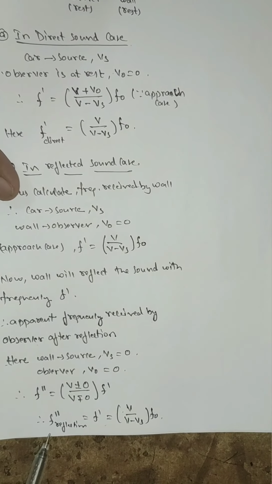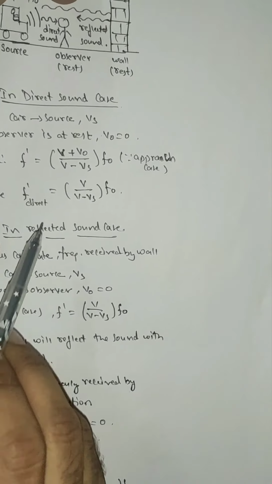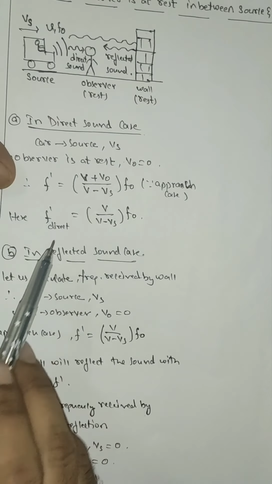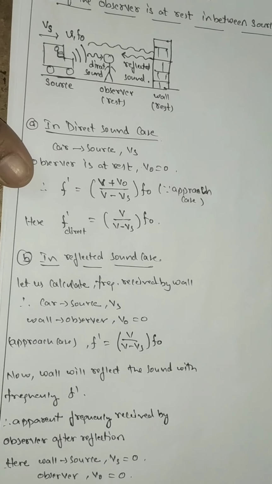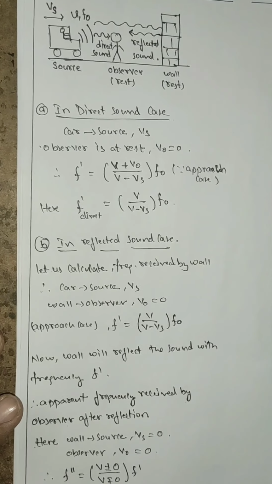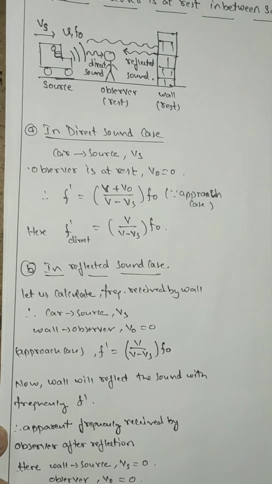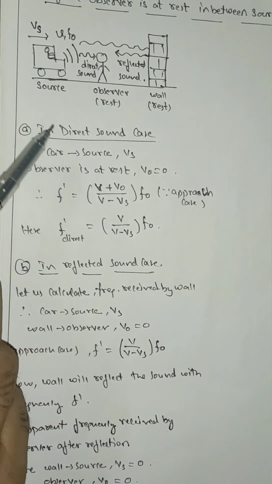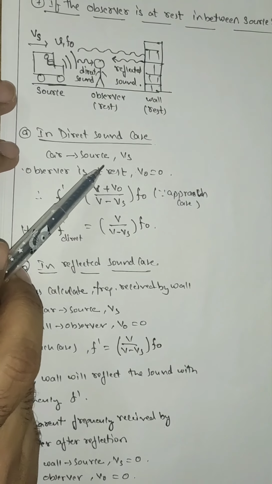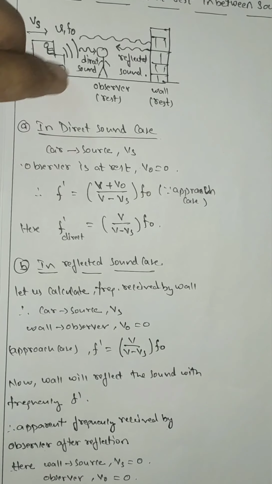So this is the frequency received by the observer after reflection, and this is the frequency received by the observer directly from the source. Is that clear? Okay, so in the direct sound case, the car will be the source, and it is traveling with a speed of Vs. The observer is at rest, so V0 is equal to 0.